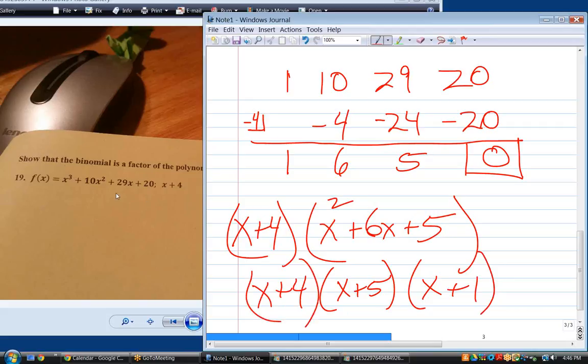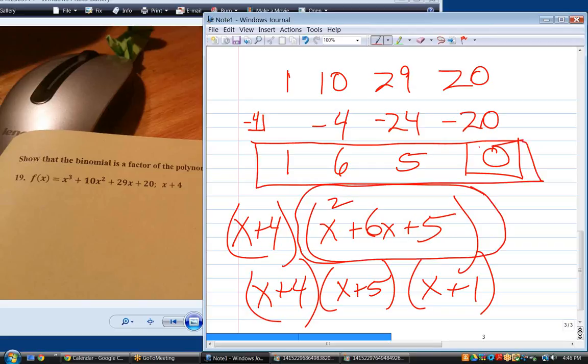But as far as this problem goes, the only thing we really have to show is that that cubic divided by that linear factor gives you a remainder of 0. I didn't really need to do the rest of it, but I wanted to, just to show you that what you get here are the coefficients of the remaining factor. Yeah. Okay.